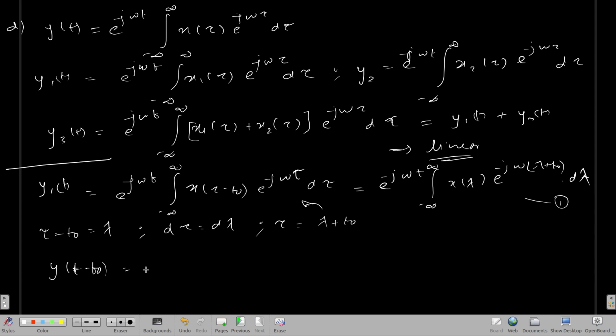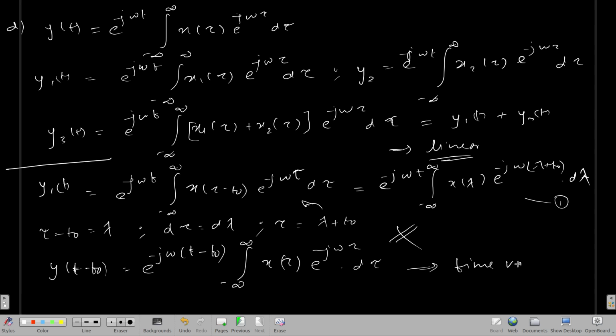So it will be e to the power of minus j omega (t minus t0), integral from minus infinity to infinity, x of tau e to the power of minus j omega tau d tau, right. Obviously these two are not the same, therefore this is time variant.